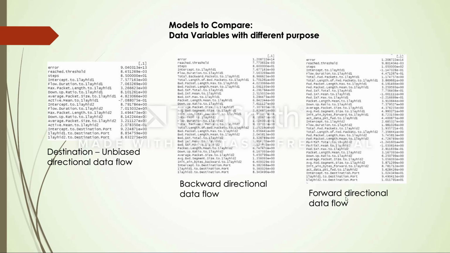The third variation would be the forward directional data flow, which focused on all variables that push the packet forward. So the first variation had more neutral or general characteristics or variables that model the data packet. The second would be backwards. The third would be forward.